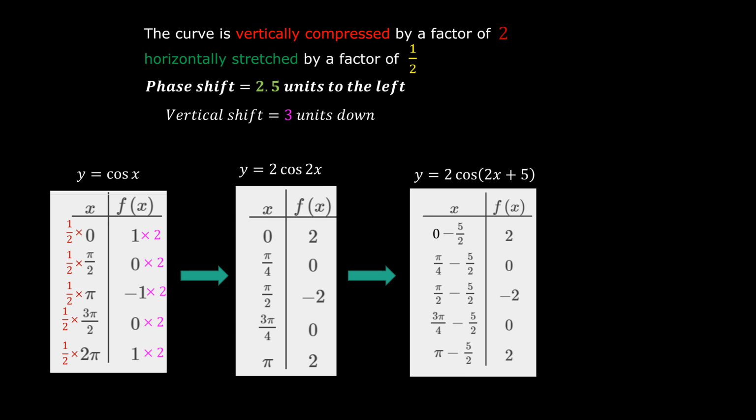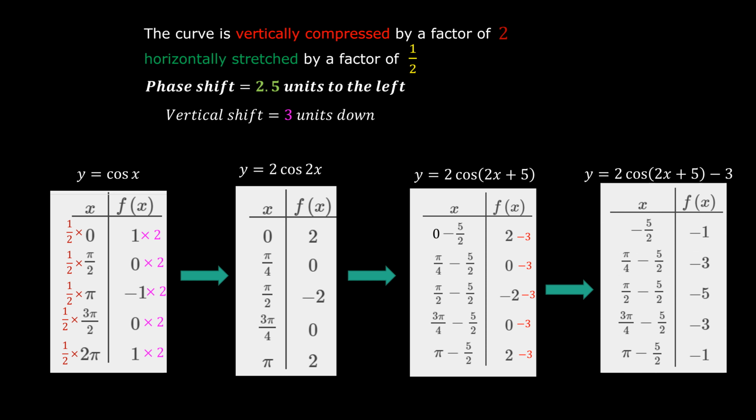Now, we have a vertical shift of 3 units down, which means you have to subtract 3 from each value of y. Now, this is the new and last table for the graph of the function. In the vertical shift, we change just the values of y, but the values of x we do not change after the phase shift.